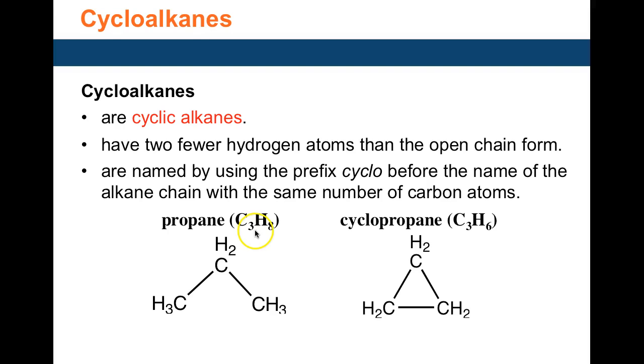So the number of hydrogens can be calculated using the formula 2n plus 2 for an alkane, whereas for a cyclic alkane, it is 2n. For cyclopropane, n is 3, so twice that is 6 hydrogens. So in non-cyclic alkanes it's 2n plus 2, whereas for cyclic alkanes the number of hydrogens is 2n.